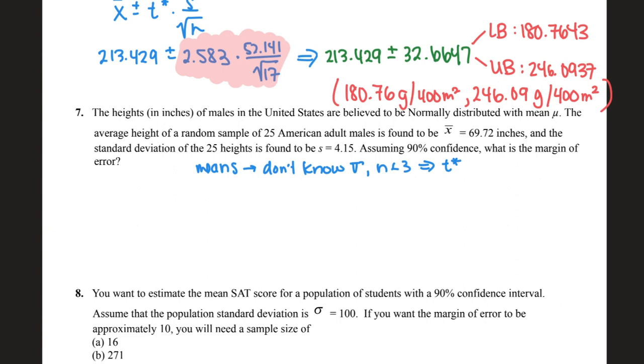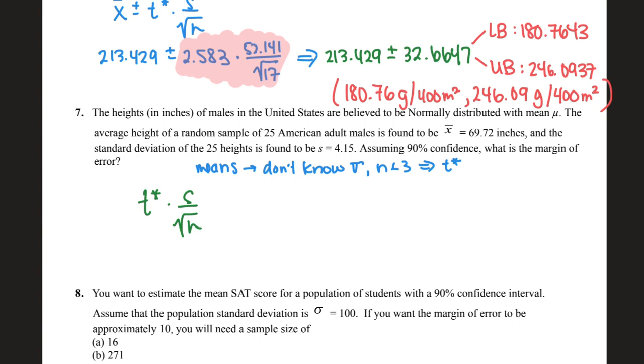So since we're just doing the margin of error part, remember that the margin of error part is just the part after the plus or minus. So it's just going to be the t star times s over the square root of n. You cannot see my t-table when I pull it up, so you're just going to have to trust me that this is the correct t-star value.